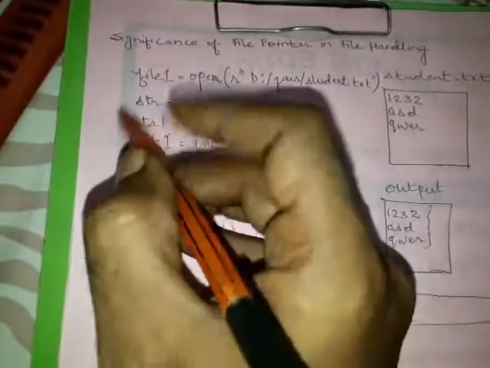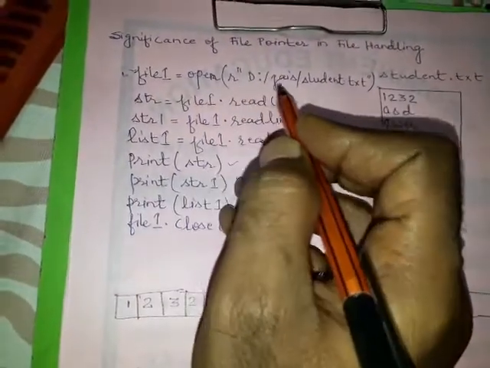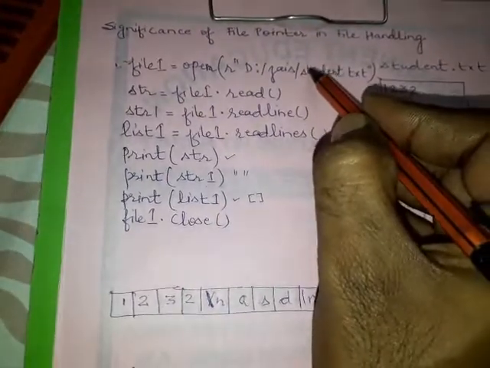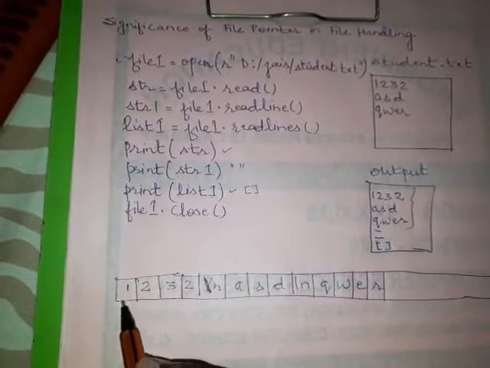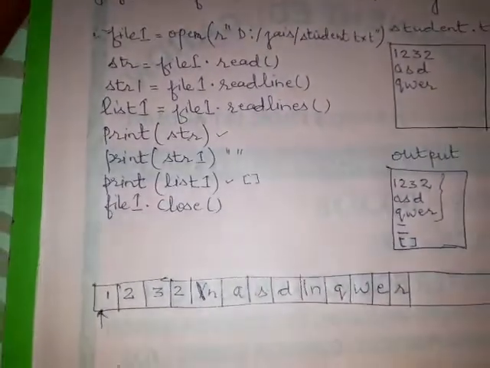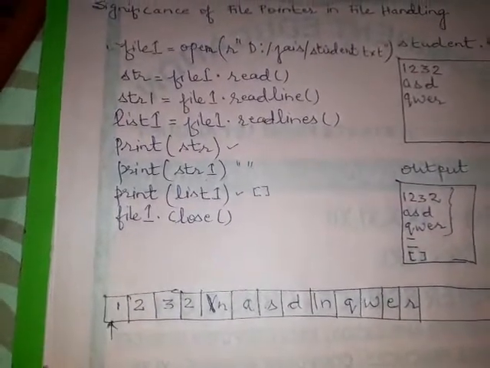Initially, when you write this statement, file1 equals open, and the path of the file is given over here, the file pointer will point to the first object, the first value in the memory.